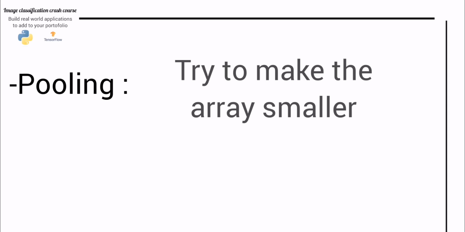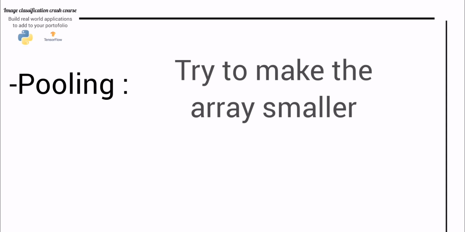So you take each group of pixels and compress them into only one pixel, and use that pixel to make the size of the array smaller. You may do convolutions again after that. You just do a series of operations like this until you get an array that is small.